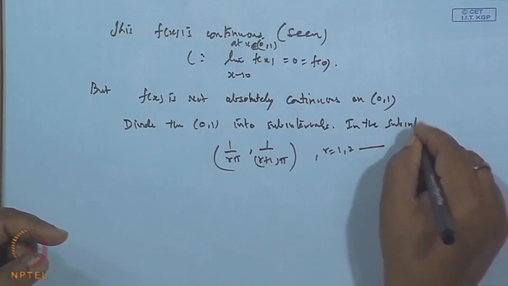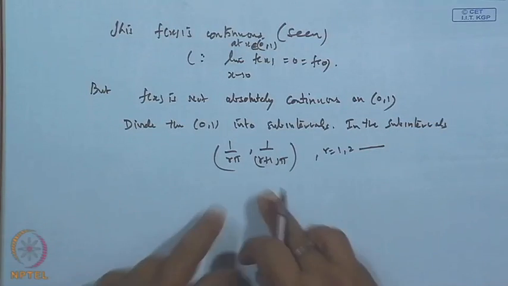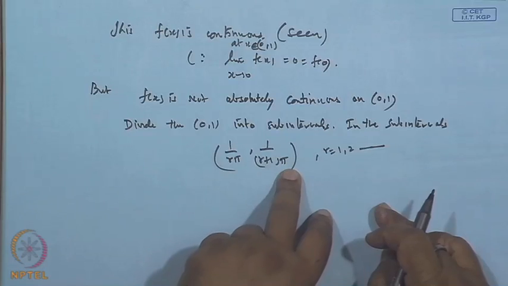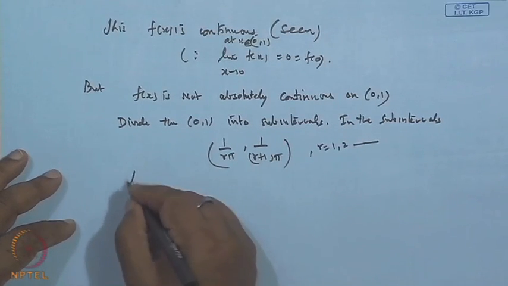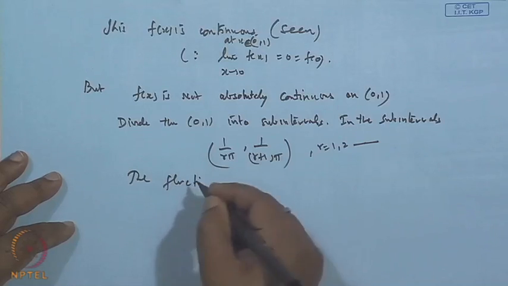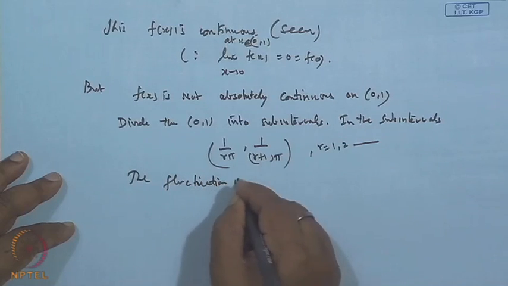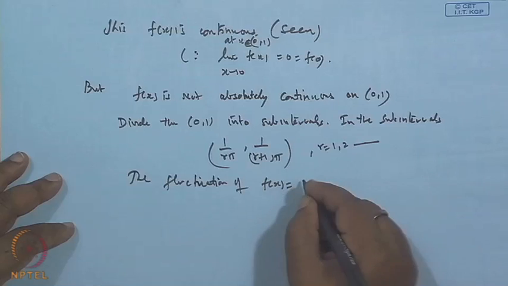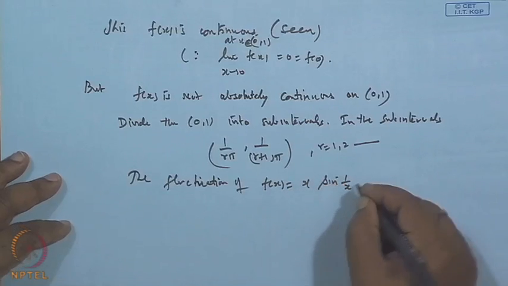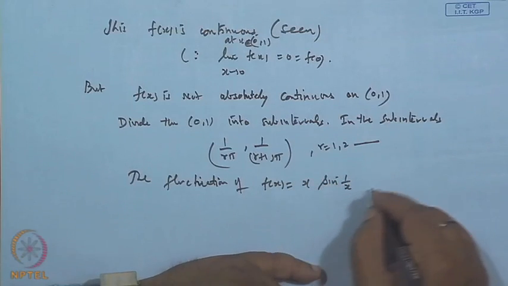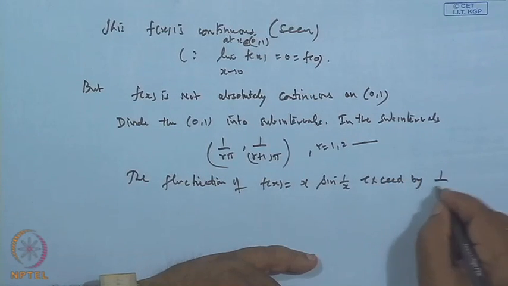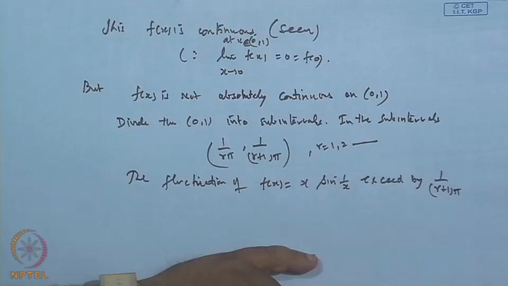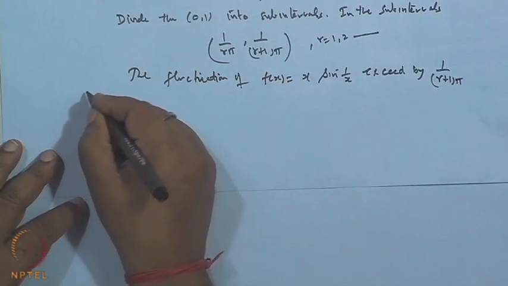In each of the subintervals 1/(r pi) and 1/((r+1) pi), the fluctuation of the function f(x), which is x sin(1/x), exceeds the number 1/((r+1) pi). Let us see why.